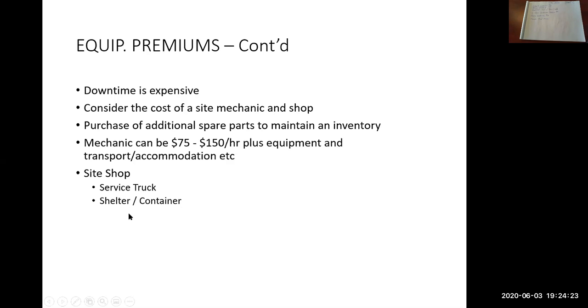You would need to provide some type of shelter so that work could be done. Again, it depends on how far north you're going, what the climate's like. Are there mechanics close by that you could hire when and if needed? Or do you need to bring your own mechanic?